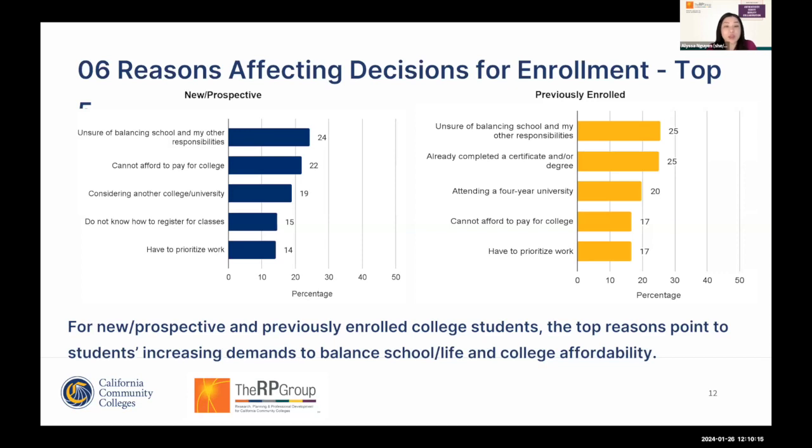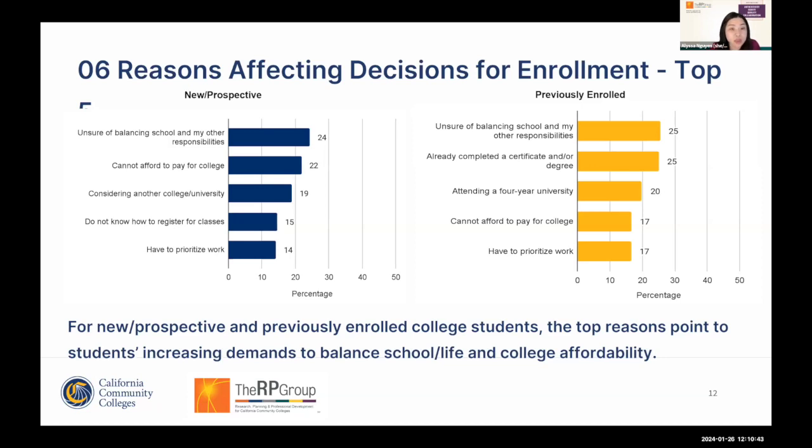So when we zoom into the students who have not enrolled for fall 2023, we provided a list of potential reasons influencing or affecting students' decisions to attend or re-enroll at the college, and found that the top reason for both prospective and previously enrolled respondents was related to concerns about balancing multiple and competing demands at the same time.